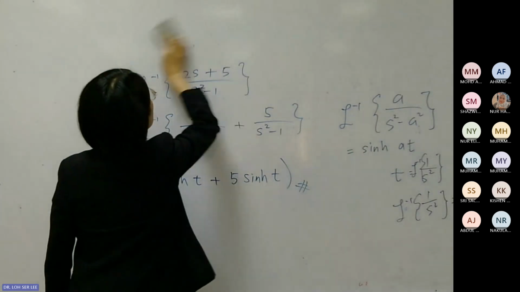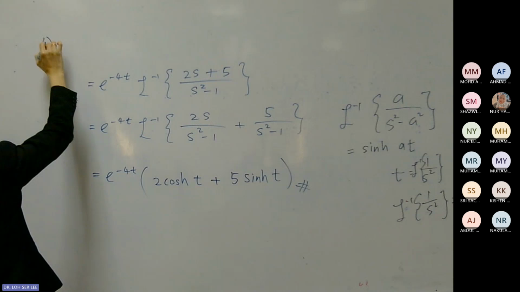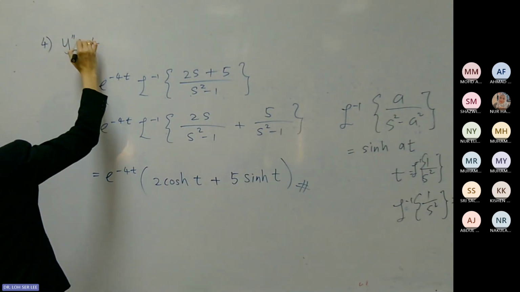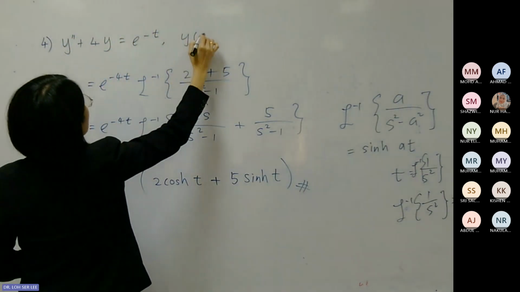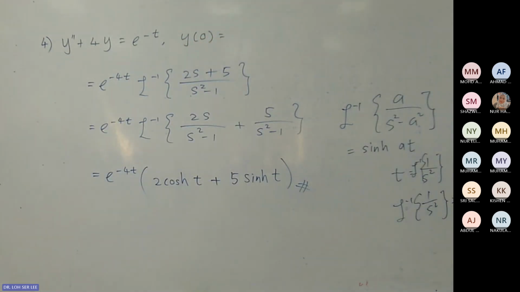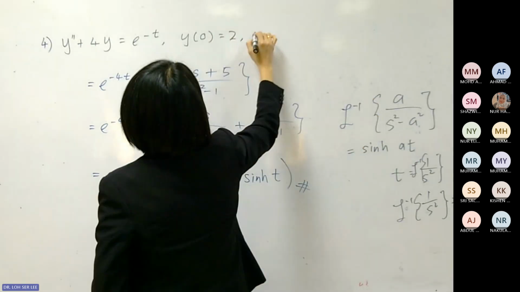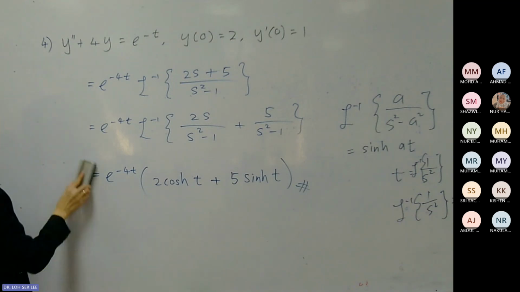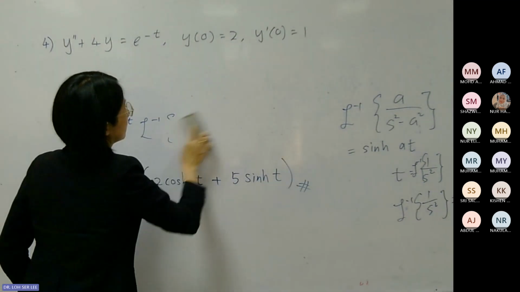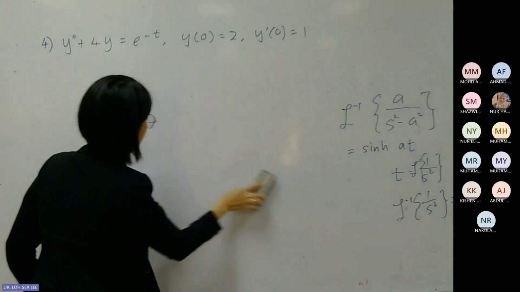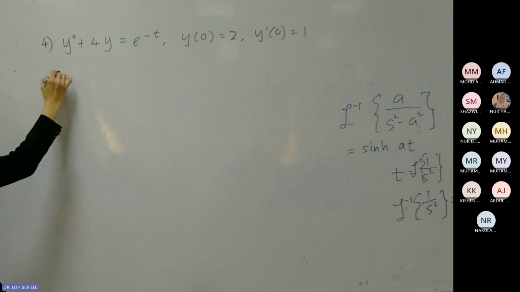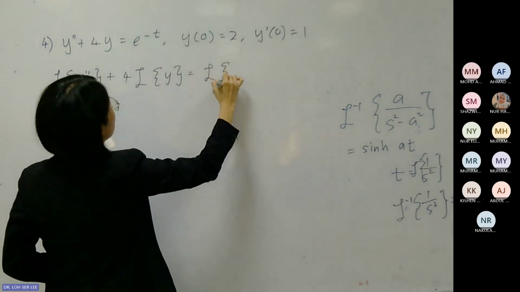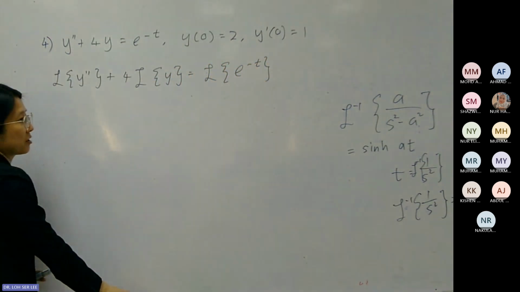Okay, let's say we look into Laplace transform of all of the terms, but now your right hand side function is no longer 0 as in questions number 1, 2, 3.